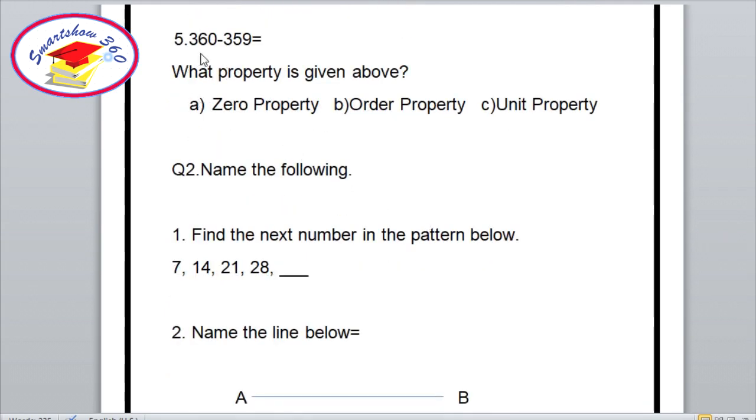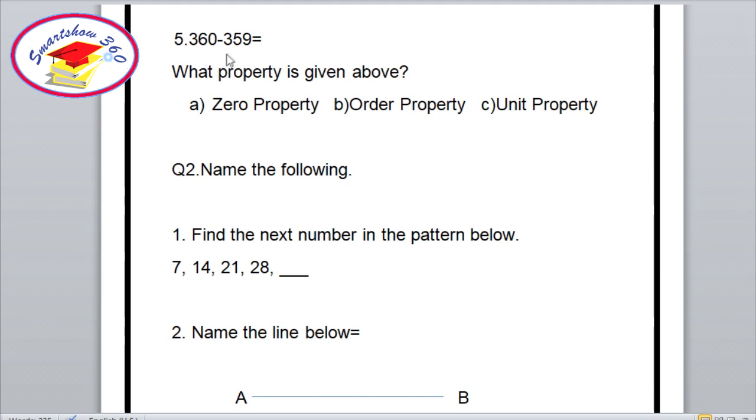5. 360 minus 359. What property is given above? So 360 minus 359, what would be the answer? Yes, it would be 1. So here, 0 property means that it subtracts with 0.